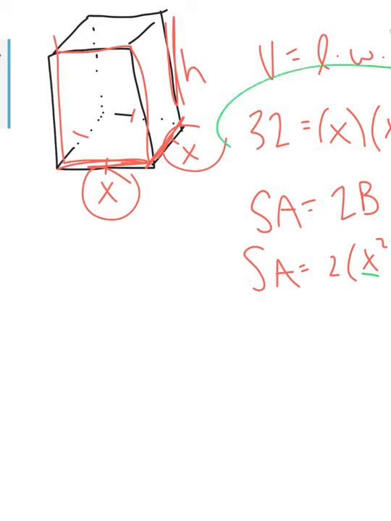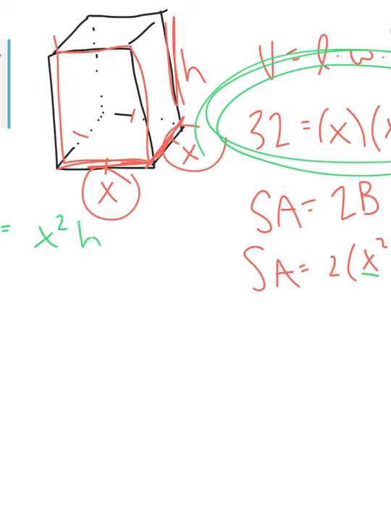So what I'm going to do is I'm going to take a look at this equation, and I'm going to solve for H. So let's do that over here. I know that 32 is equal to basically X squared times H. I'm getting X squared from X times X. I'm just going to divide both sides by X squared, and I get H is equal to 32 over X squared.